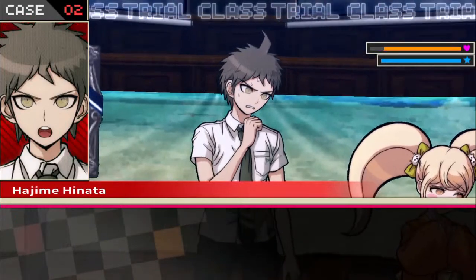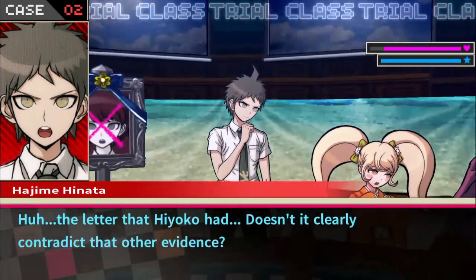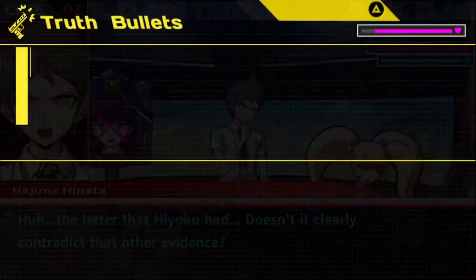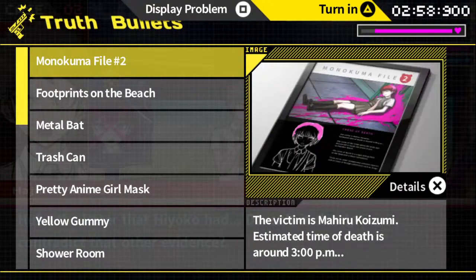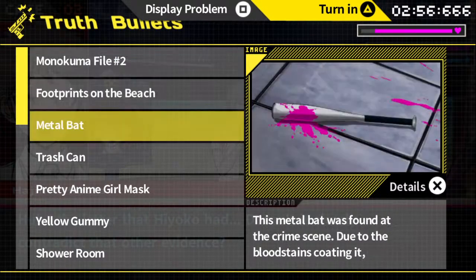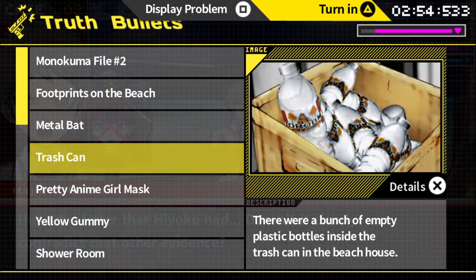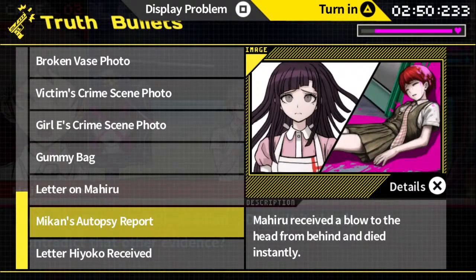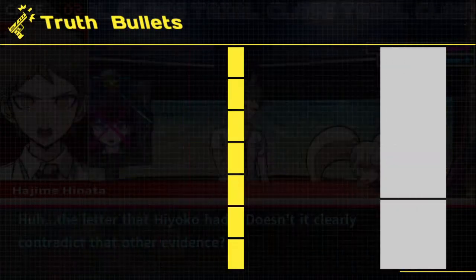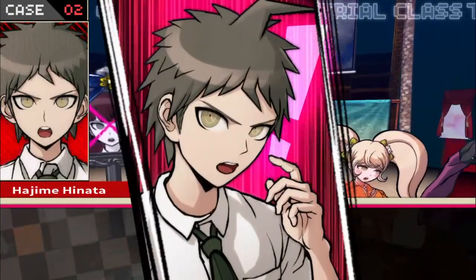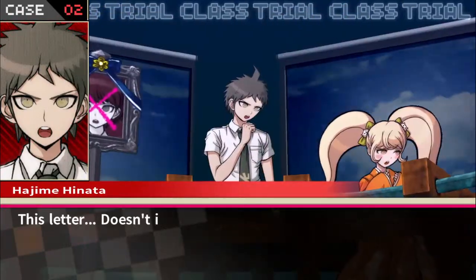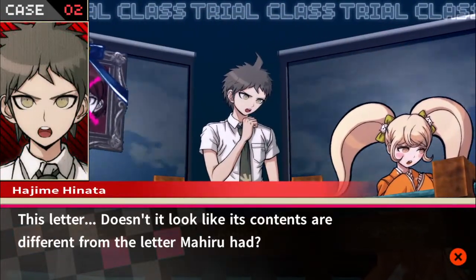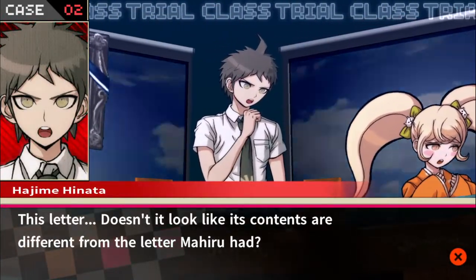Damn it! I can prove it with this! This letter. Doesn't it look like its contents are different from the letter Mahiru had?